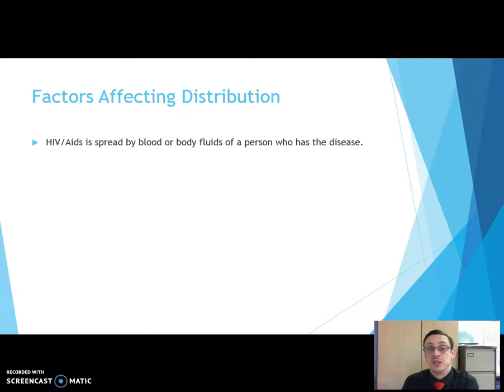What affects its distribution? First, HIV/AIDS is spread by blood or body fluids of a person who's got the disease. HIV is called the human immunodeficiency virus, and it goes on to lead to AIDS, which is acquired immunodeficiency syndrome. HIV is a virus that lowers your immune system.